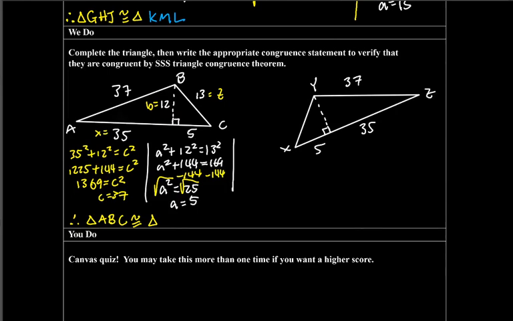So we got, let's see, 37, 35, and then does Pythagorean Theorem do that thing? So let's just call these things again. A, B, C, X, Z. Okay, so X squared, B squared, Z squared. We need to use that because we only have one side here.